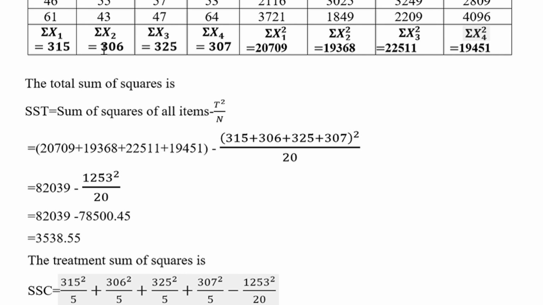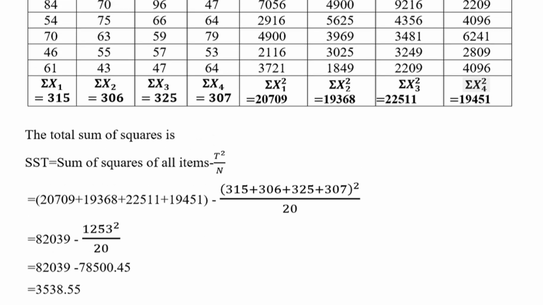The next sample's total is 306 squared divided by 5, because there are 5 observations in that treatment. Do the same for 325 squared divided by 5 and then 307 squared divided by 5. Sometimes the numbers in the denominator change.